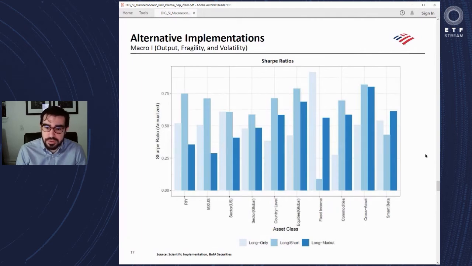So for the case of sectors, it's an equal allocation across all sectors. What we observe is that across the board, performance of the long-short version is positive, and for most implementations, that performance is very similar to the performance using Russell 1000 instruments.